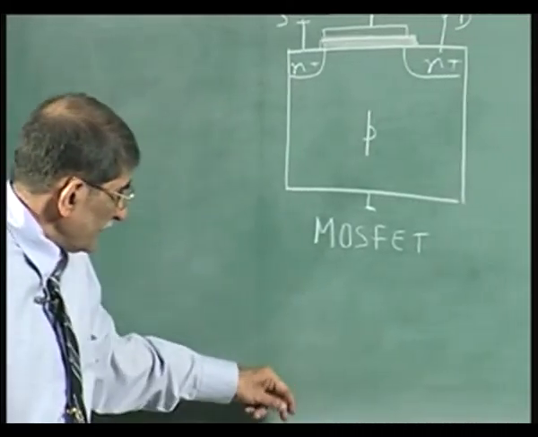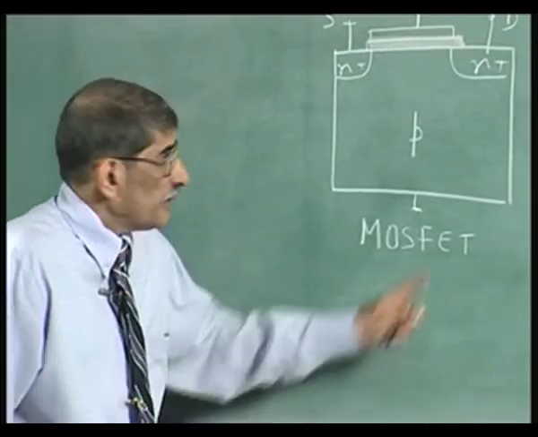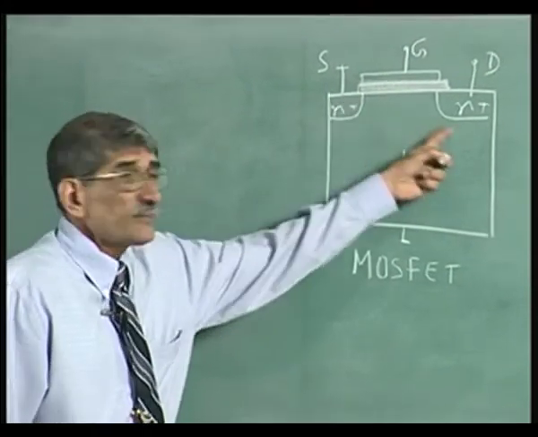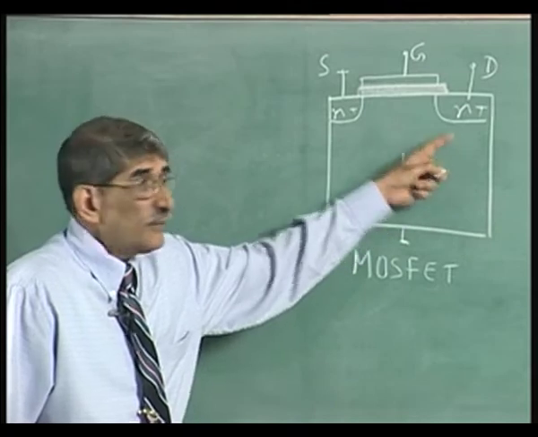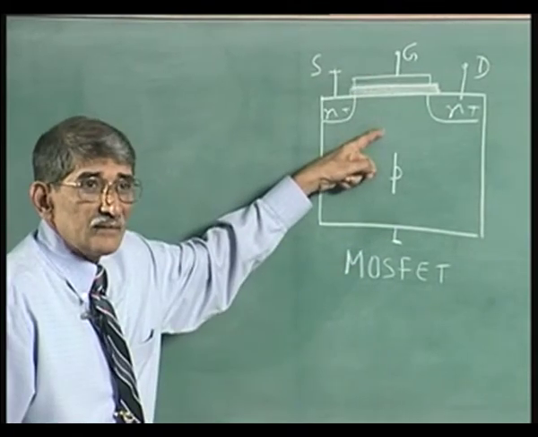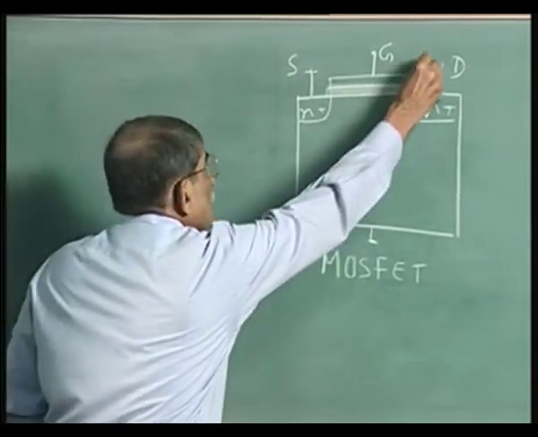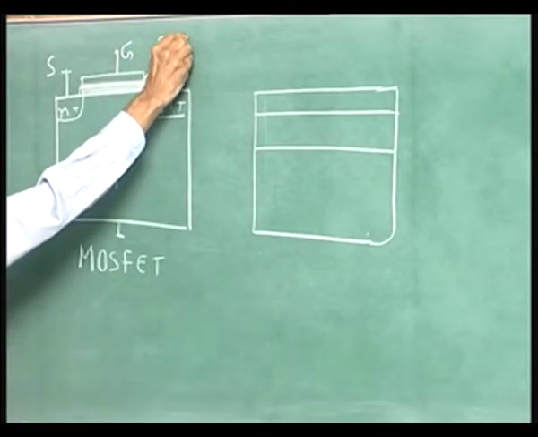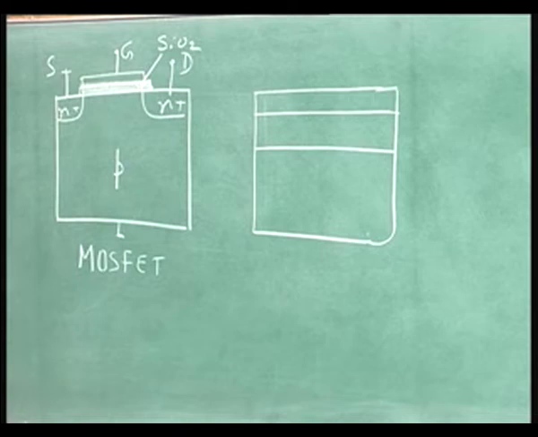In the case of MOSFET, P channel, P type substrate, n plus source, n plus drain, between the gate and the substrate, what do you have? You have SiO2, an insulating layer with epsilon r equal to 4.